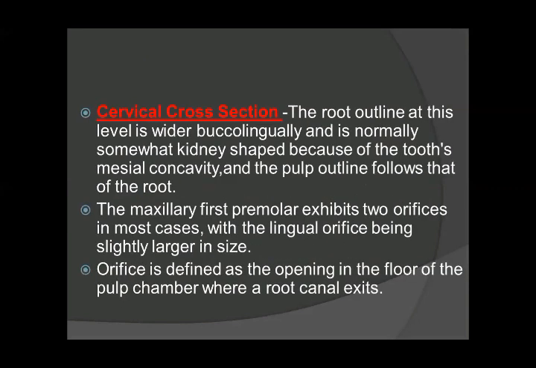Cervical cross section: the tooth outline at this level is wider buccolingually and is normally somewhat kidney shaped because of the tooth's mesial concavity, and the pulp outline follows that of the tooth.